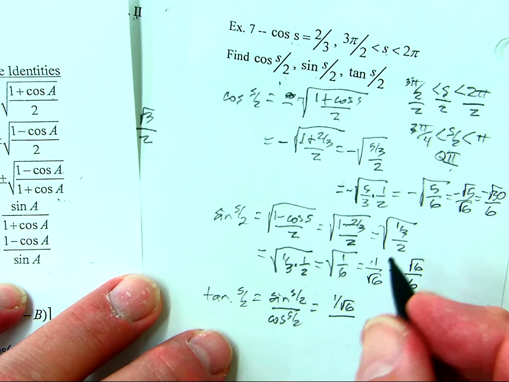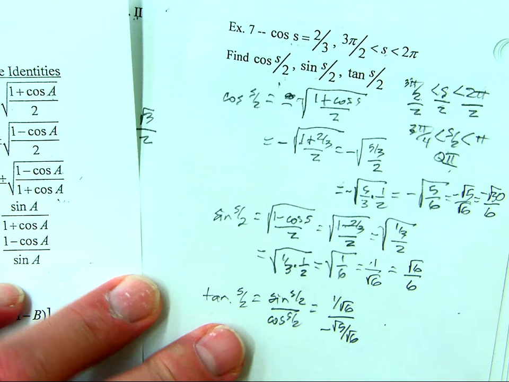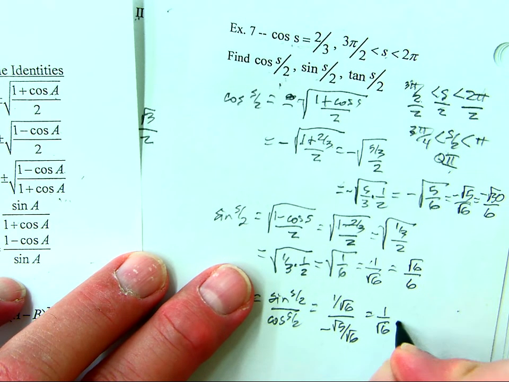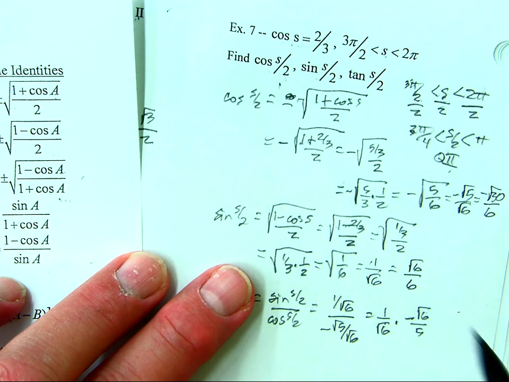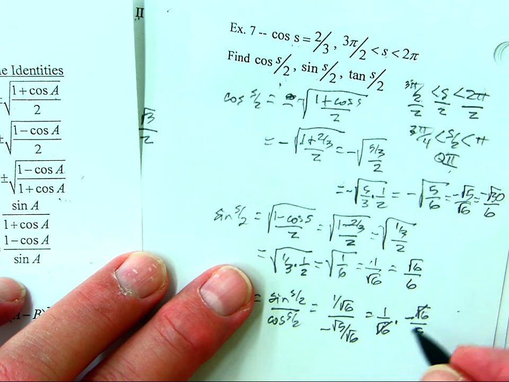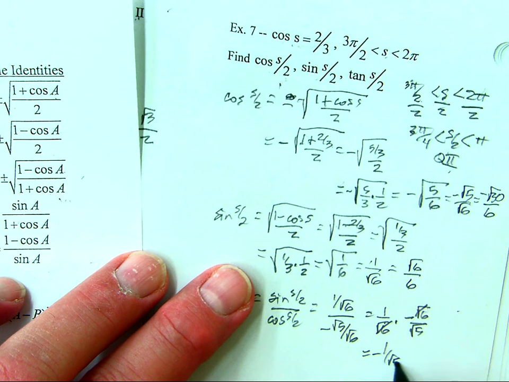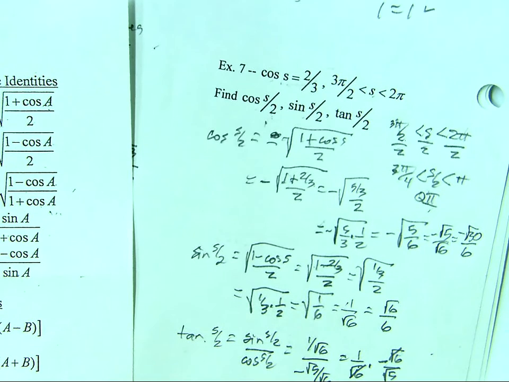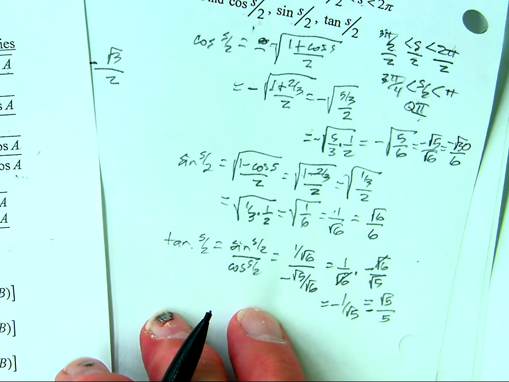The cosine of s over 2 was negative radical 5 over radical 6. Well, now if we take the top times the reciprocal of the bottom, we can divide top and bottom by radical 6. We get negative 1 over radical 5. Or you could make that negative radical 5 over 5 if you want. Okay? So that's using the half angle identities.